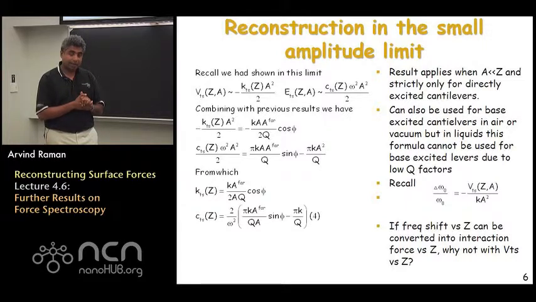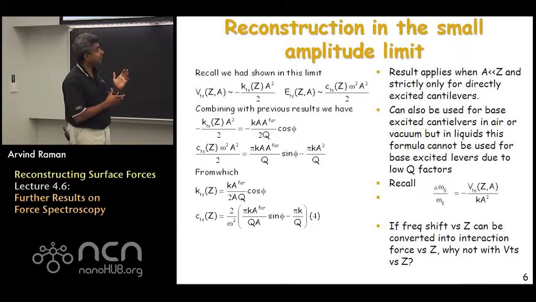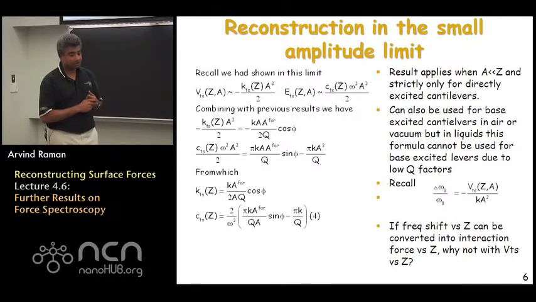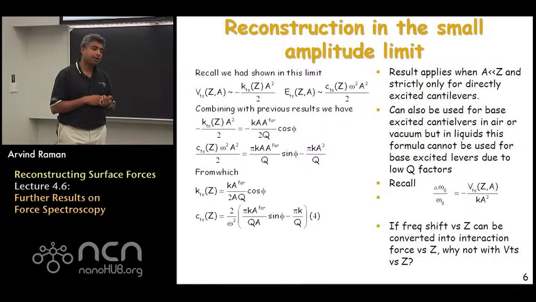Now, the second caveat in the use of this formula is that this whole description of virial and dissipation and how it relates to interaction forces is strictly speaking valid for directly excited cantilevers, like magnetic excitation or thermomechanical excitation and so on.